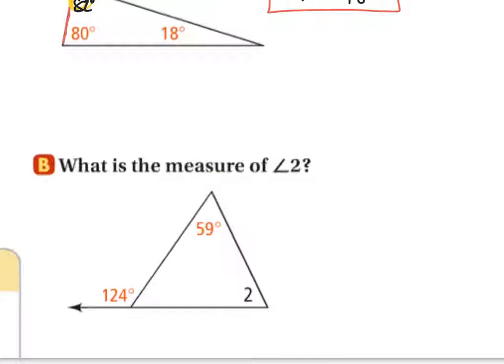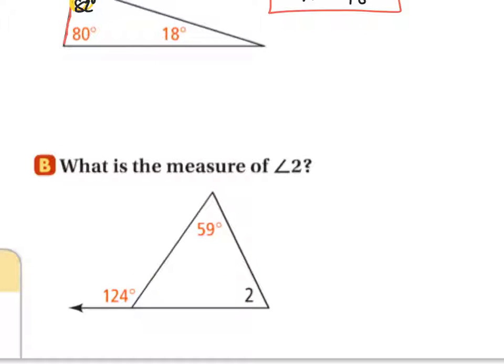Well, then what about example B? How are you going to find the measure of angle 2? Somebody else. Again, there's two ways to find the measure of angle 2. Can anybody explain one of them to me? Could you take 180 minus 124 to find that inside?